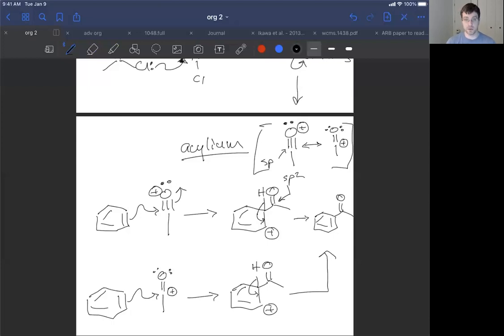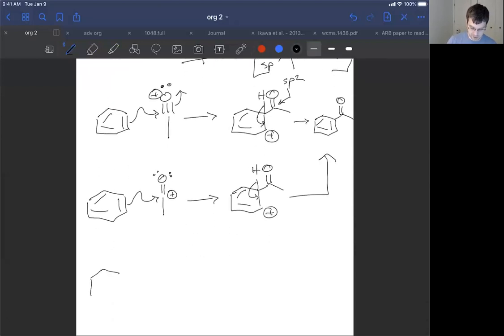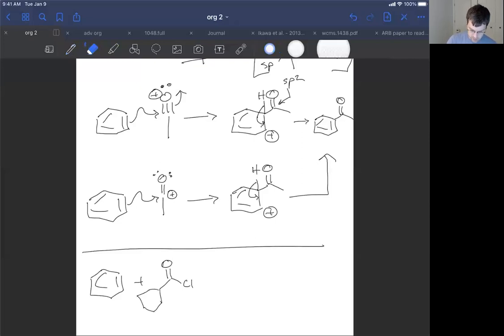Turns out that it doesn't matter what's attached to that acyl group. It could be another benzene if you wanted it to be. So let's say we've got benzene and we react it with an acyl chloride where the R group is the most horribly drawn benzene ever, sorry. I really want to write Ph as the abbreviation for the phenyl group where benzene is a substituent, but you get it.